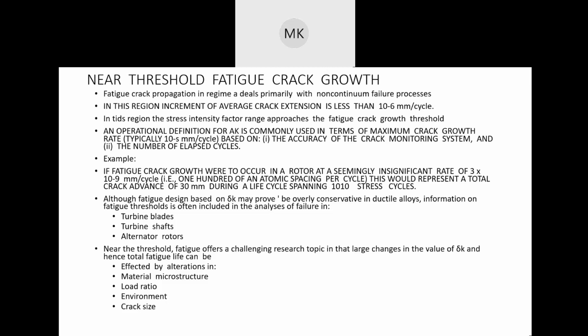So for example, if fatigue crack growth were to occur in a rotor assembly at an insignificant rate of 3 nanometers, yeah, 3 nanometers per millimeter, sorry, 3 picometers per cycle, this means that the overall crack advance is 30 millimeters during a lifespan of 10^10 cycles.